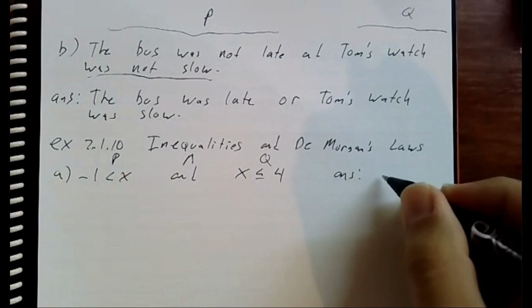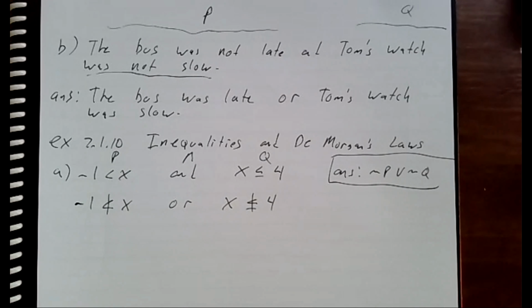So we could just say -1 is not less than x, or x is not less than or equal to 4. That's technically true, but we need to go one more extra step and show the correct symbols. So if -1 is not less than x, you would have to use the opposite symbol, right? So -1 would be greater than or equal to x.